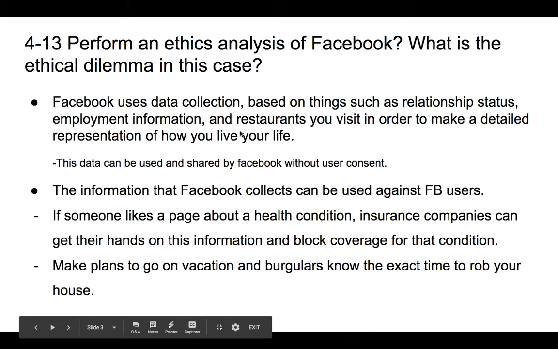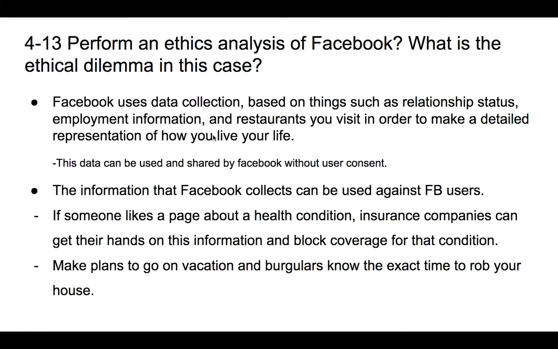Well, Facebook uses data collection based on things such as relationship status, employment information, and restaurants you visit, among other things, in order to make a detailed representation of how you live your life. This data can be used and shared by Facebook without user consent, which is one of the biggest problems that they're facing. The information that Facebook collects can be used against Facebook users.